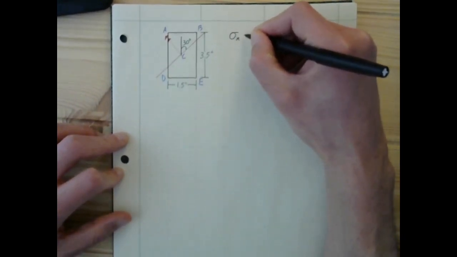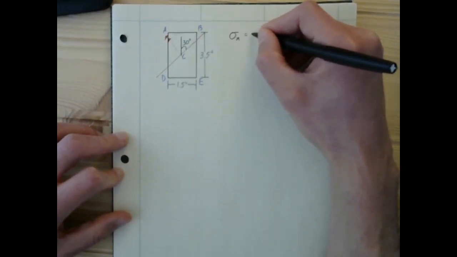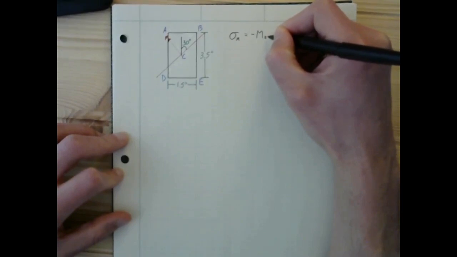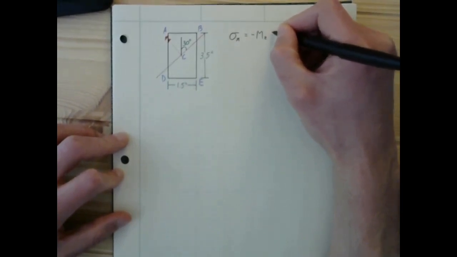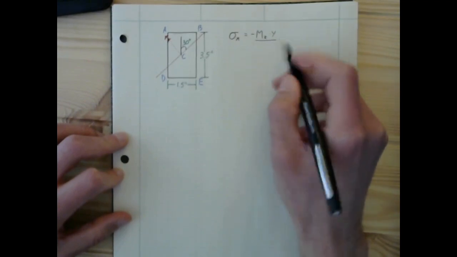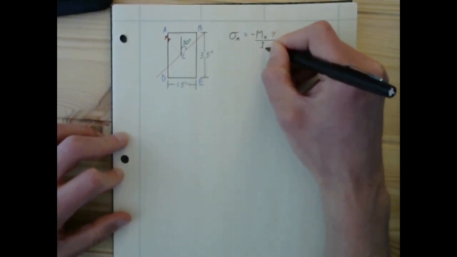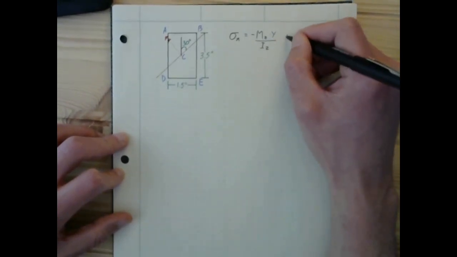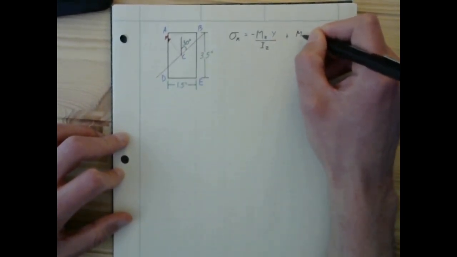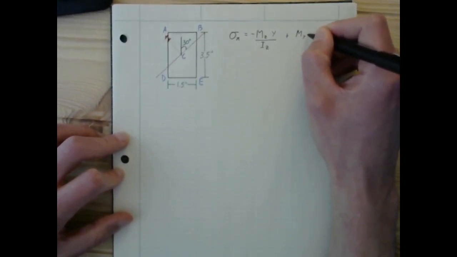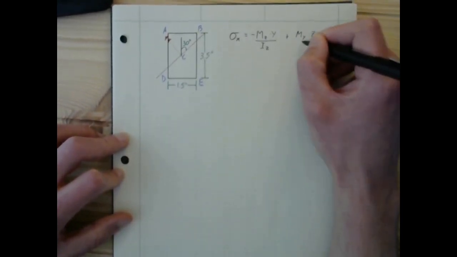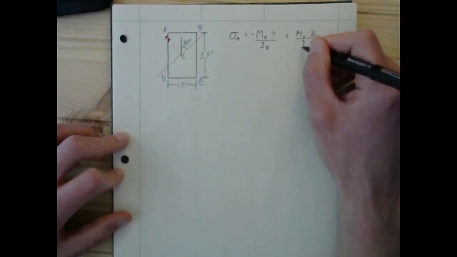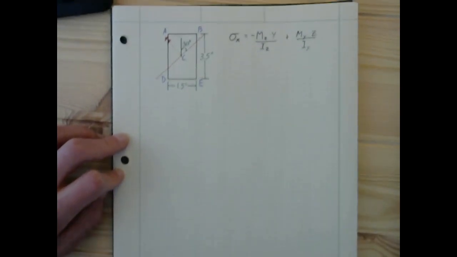The stress in the x direction is going to be negative moment about the z-axis times our lever arm in the y direction divided by our second moment about the z-axis, plus our moment about the y-axis times our lever arm in the z direction divided by our second moment about y.